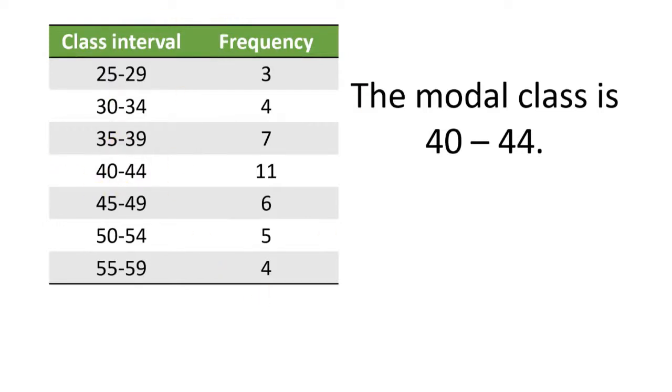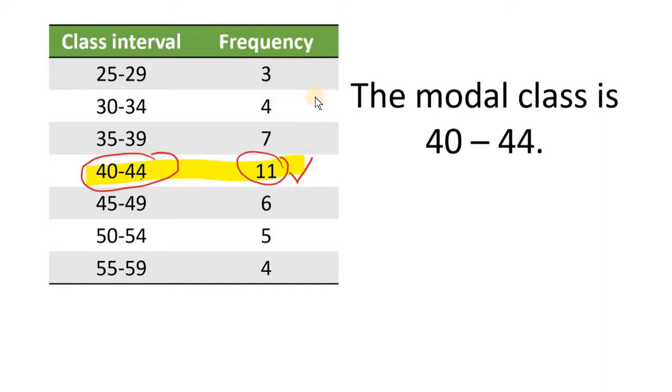From this table, we can determine the modal class by using the frequency. You see the highest frequency is 11 here, so the modal class will be 40 to 44. So the modal class is the class with the highest frequency.